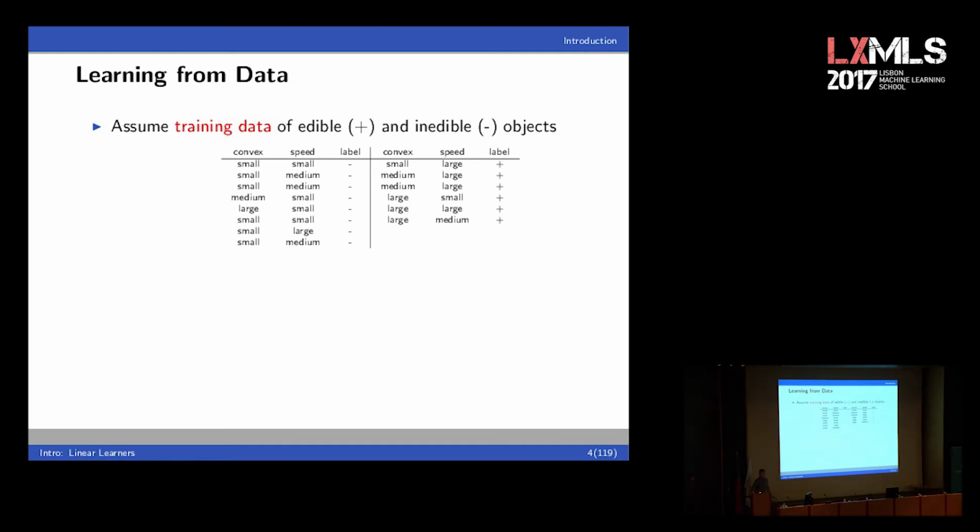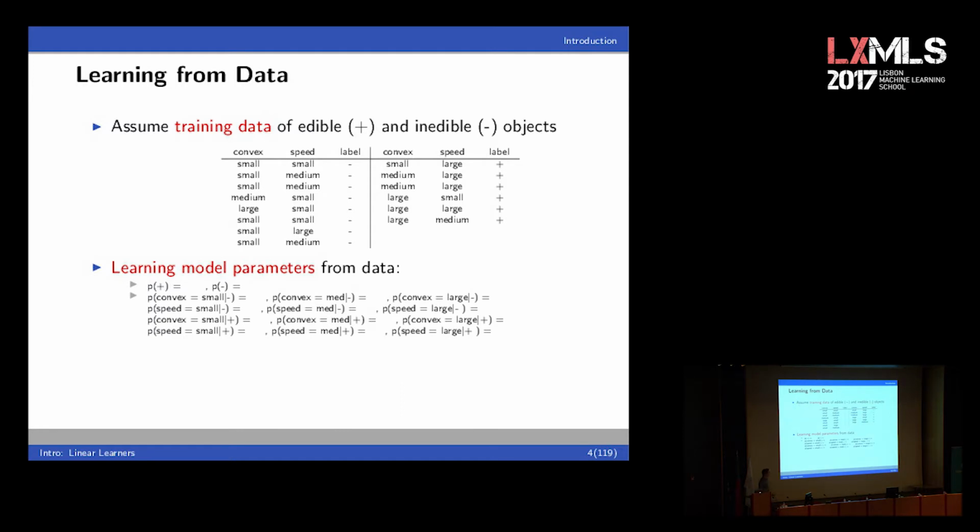Now, how do we model this? One way would be to define probabilities on the labels, edible, non-edible, based on the data, and then probabilities on the detectors that we call features, right? So what is the probability that we see a small object that is non-edible?